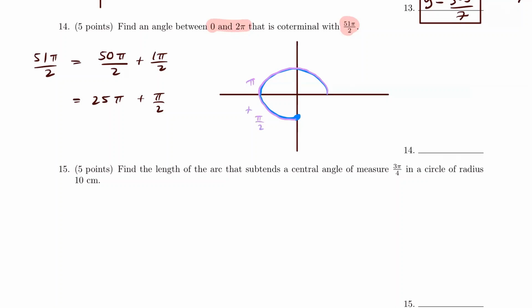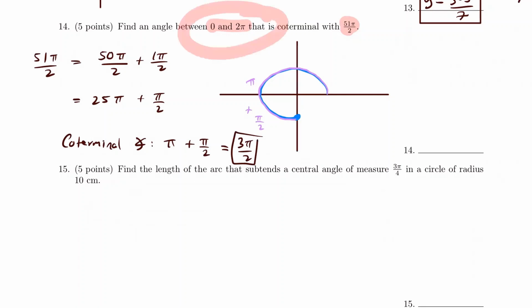So the angle that will also lead you in the same place between 0 and 2 pi, we can say that our coterminal angle is going to be pi plus pi over 2. So that's going to give you 3 pi over 2. So 3 pi over 2 is in the same position as 51 pi over 2. And this angle is within the restricted boundary that we wanted, which is 0 to 2 pi. So that's why that will be the coterminal angle with 51 pi over 2.